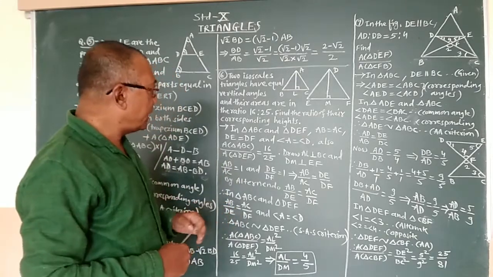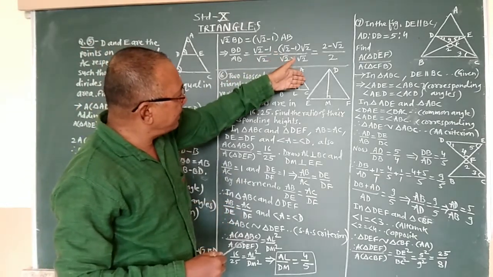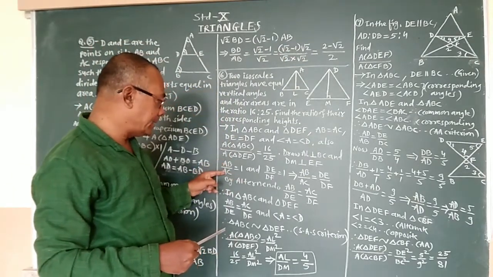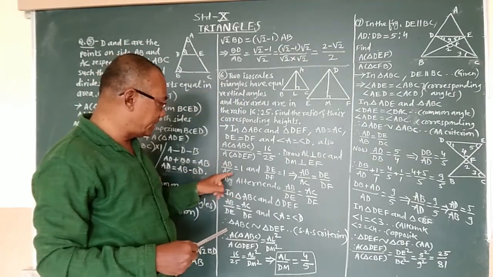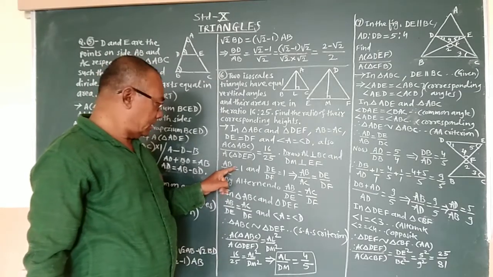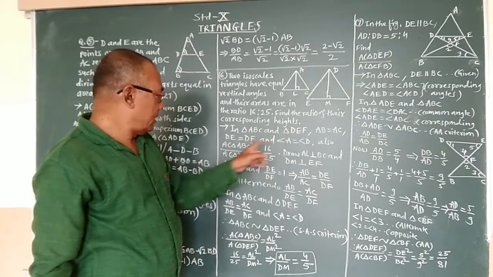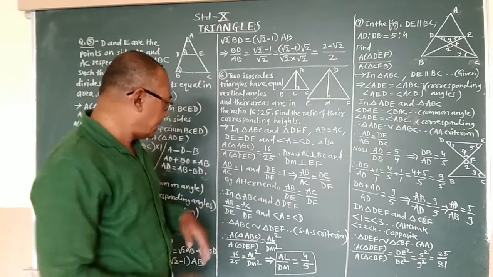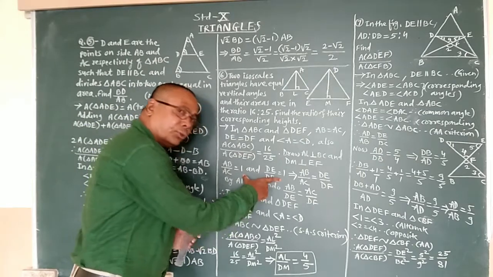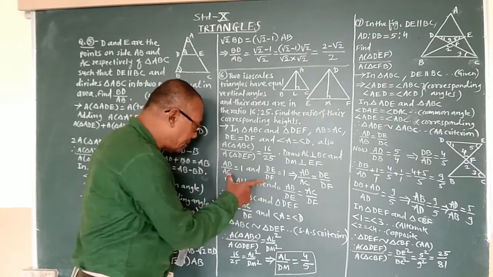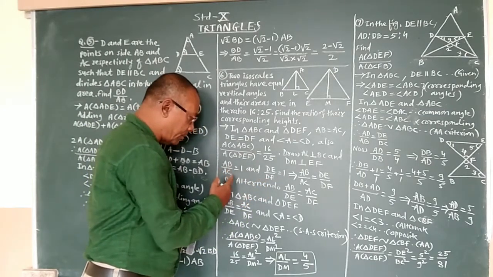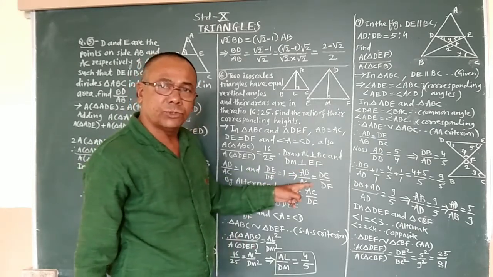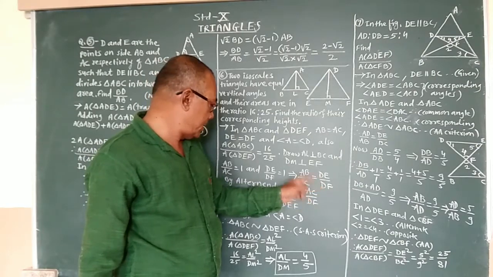Now we know that AB and AC are equal in length, and therefore the ratio of both the sides will be 1. Means AB upon AC is equal to 1. Similarly, we will get DE upon DF is equal to 1. Since RHS of both the ratios are equal, LHS must be equal. So AB upon AC is equal to DE upon DF.